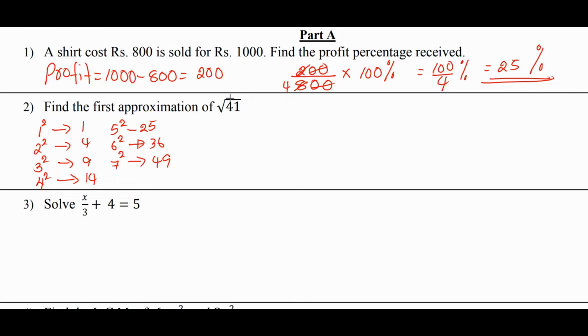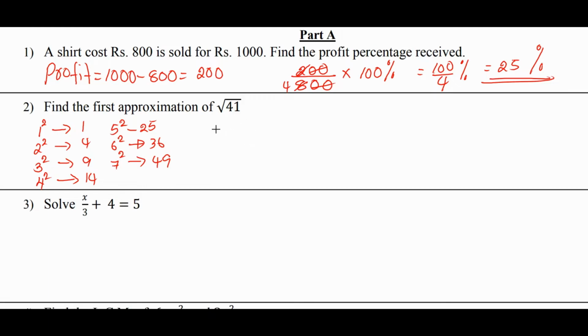Here we have to find the value of root 41. Therefore, definitely root 41 should lie between 36 and 49, so the real value of root 41 should lie between 6 and 7.